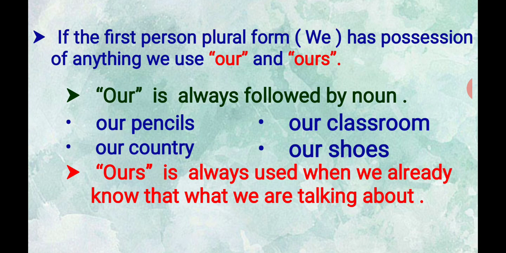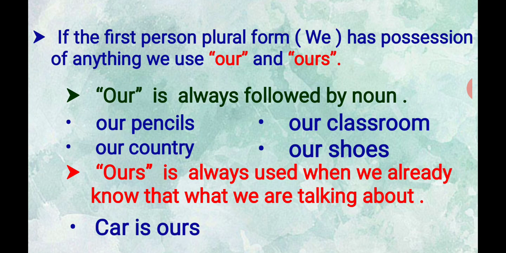Now let's see where we use ours. Ours is always used when we already know what we are talking about. It means the definite noun, the particular noun we are talking about. At that time we use ours. Let's see the examples.